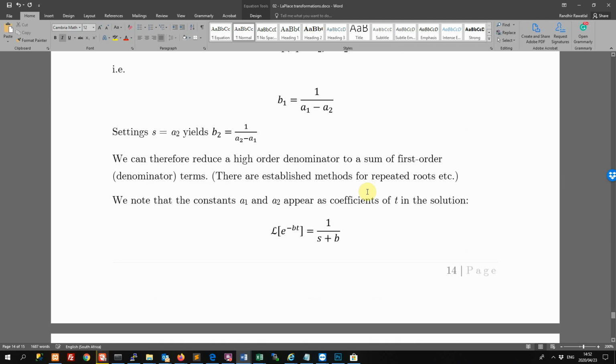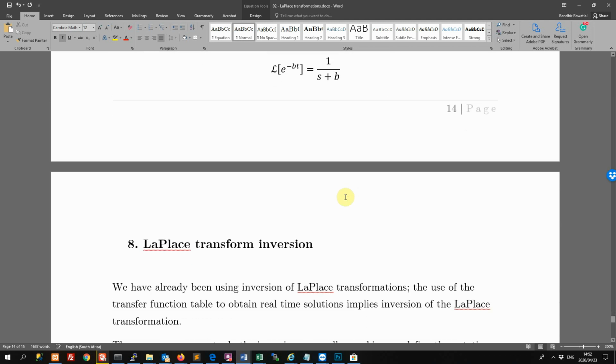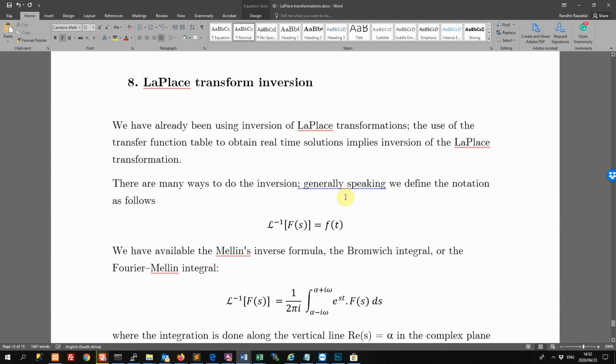So there are many examples you can find for practicing Laplace transformation. More generally speaking, you can invert an S function. So you can invert it using this general Mellin's inverse formula, or the Bromwich integral, or the Fourier-Mellin integral.